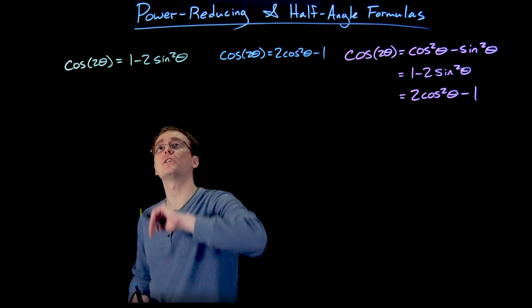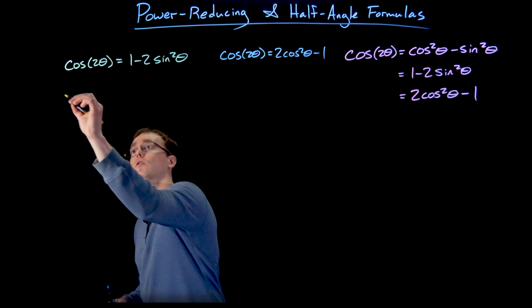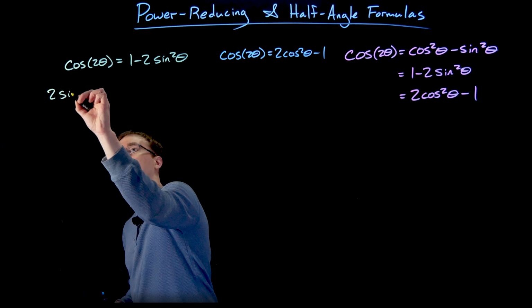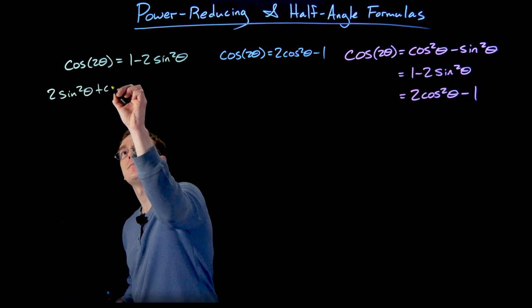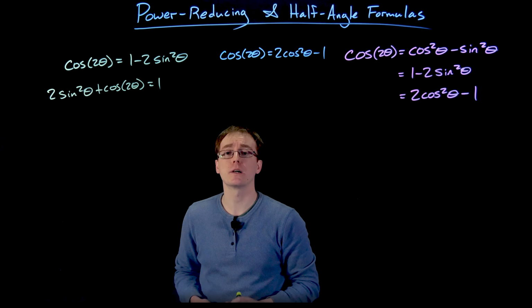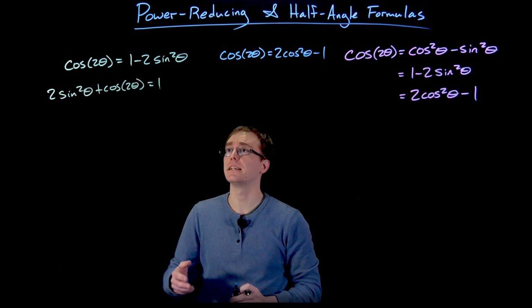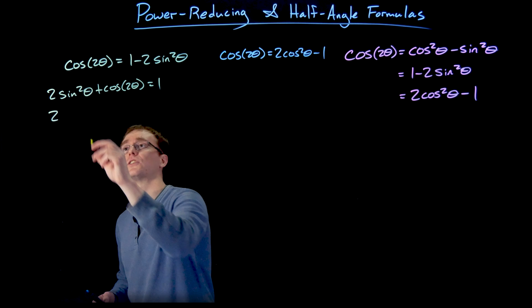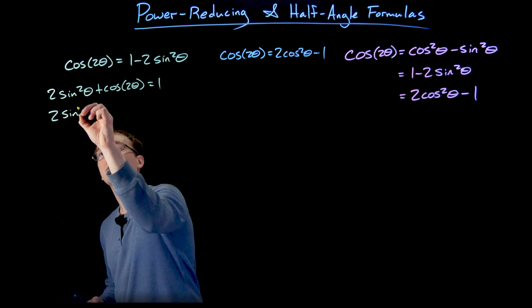If we want to solve this first equation for sine squared of theta, we might add 2 sine squared of theta to each side. That'll give us 2 sine squared of theta plus cosine of 2 theta is equal to 1. We then subtract cosine of 2 theta away from each side of our equation.